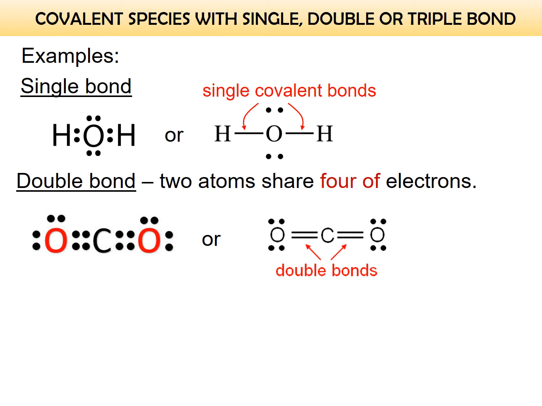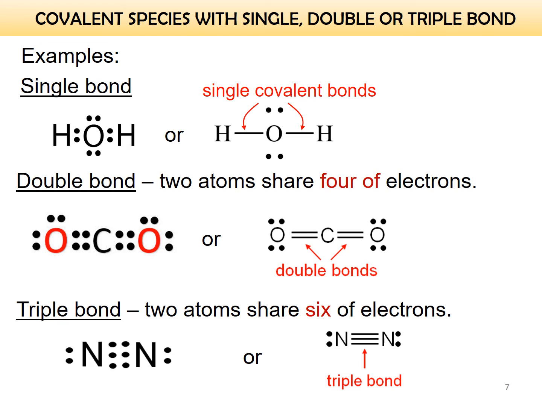Double bonds occur when 4 electrons are shared between the two atoms and consist of 1 sigma bond and 1 pi bond. Triple bonds occur when 6 electrons are shared between the two atoms and consist of 1 sigma bond and 2 pi bonds.